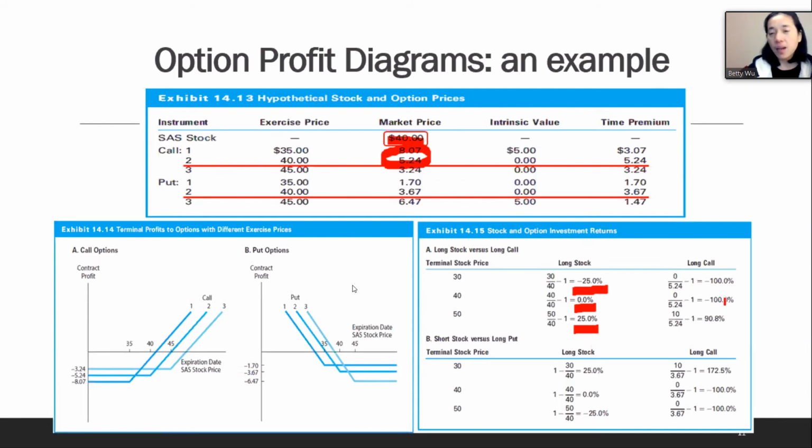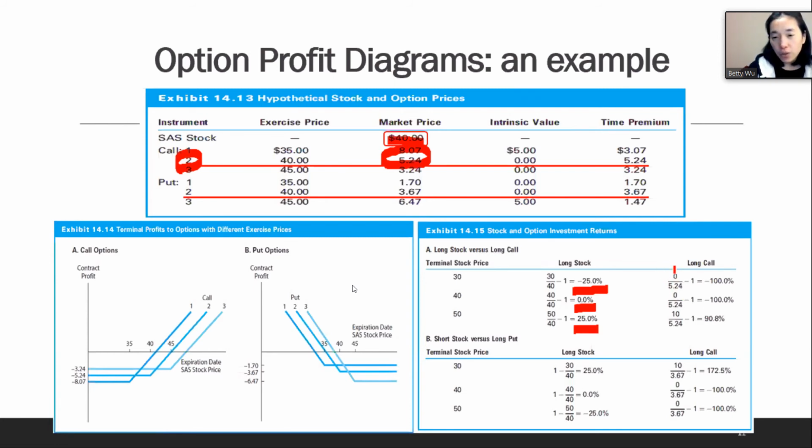How about if you buy call number 2? This is the price you pay, 5.24, so you use 5.24 to calculate your return. In the next period, if the price drops to 30, you're not going to exercise your call, although you're making a loss.